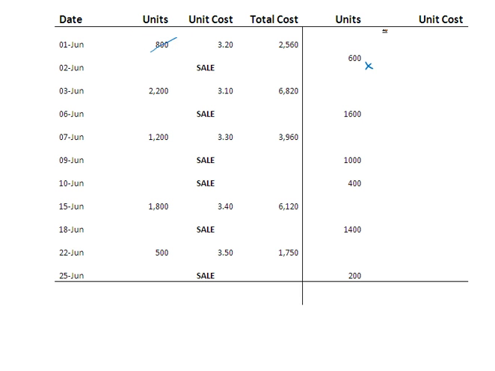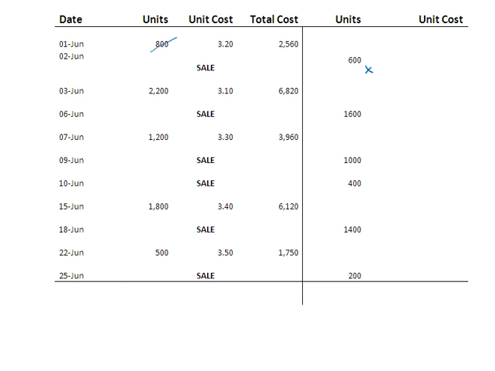Now, just to be clear, they could not have come from down here. And that's a key difference between perpetual and periodic. Under periodic, we assume all of the goods were available for sale. Under perpetual, the dates matter. So June 22nd hasn't happened on June 2nd, and so there's no way we could have sold the goods from June 22nd.